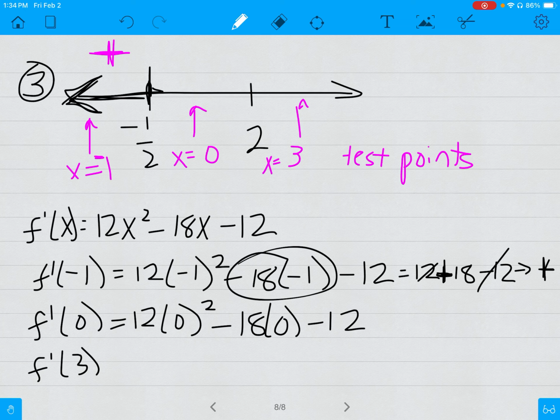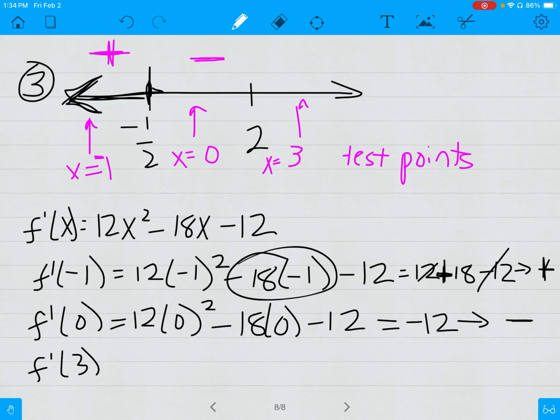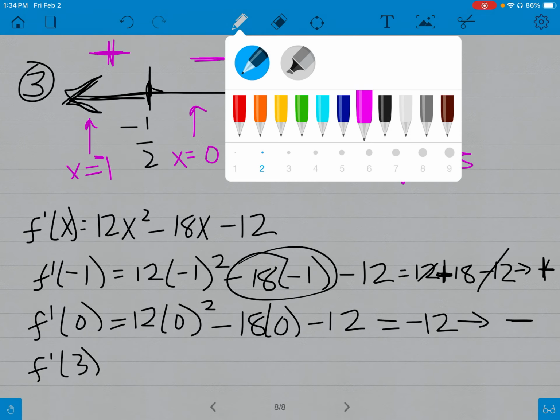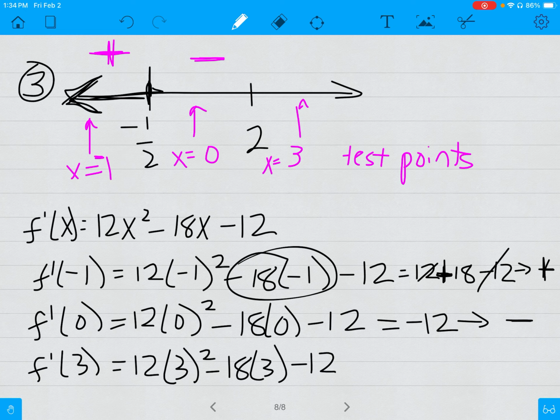Okay, so in this one, when we're putting in the 0, 12 times 0 squared is 0, minus 18 times 0, still 0, minus 12. So that's a -12, which means here we have a negative sign for our derivative in that interval. Okay. And then for our last one, putting in the value of 3, 12 times 3 squared minus 18 times 3 minus 12.